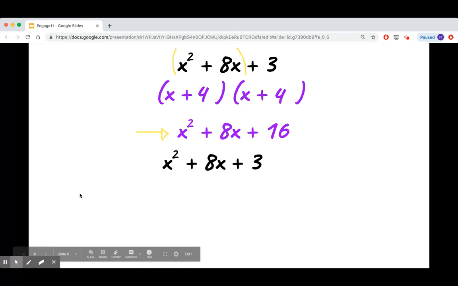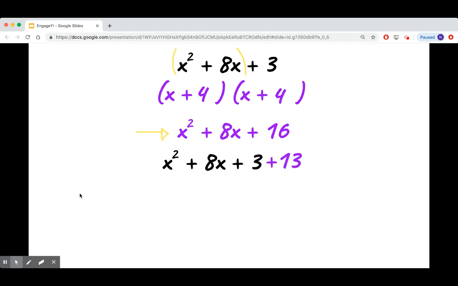We're starting with x squared plus 8x plus 3. But if I add 13, I end up with a perfect square, x squared plus 8x plus 16. Of course, I can't just decide to add any term to my expression and expect it to be equivalent.